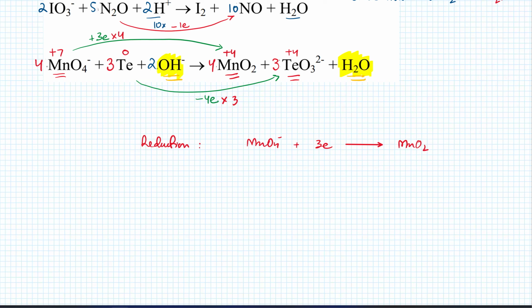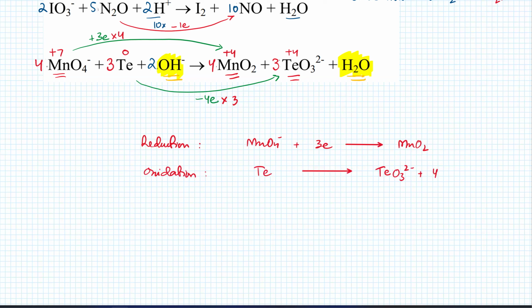Now the oxidation equation. What's your oxidation equation? So that is Te, and that's turning into TeO3 2 minus. It's losing how many electrons? It's losing 4 electrons. So we've got Te losing 4 electrons to form TeO3 2 minus.